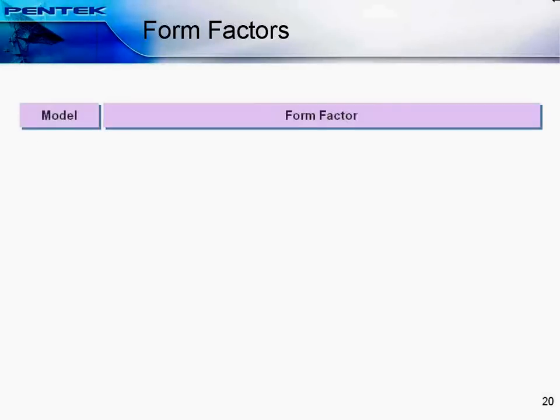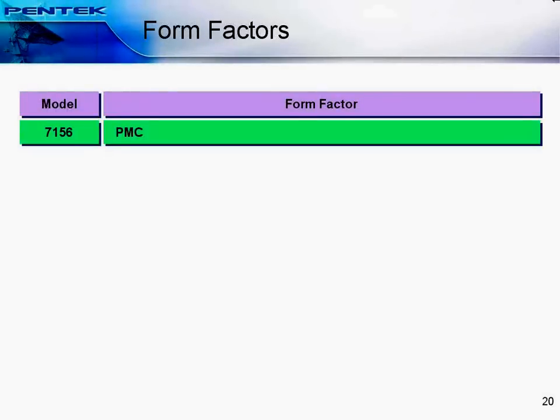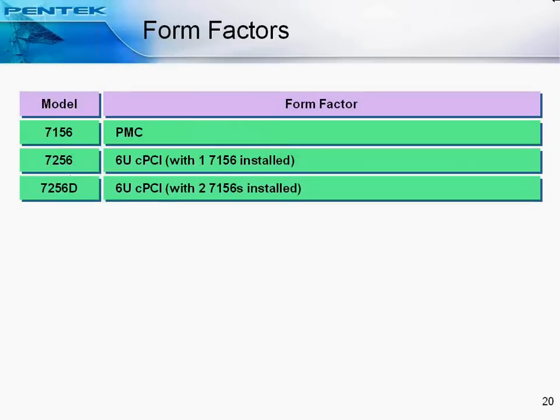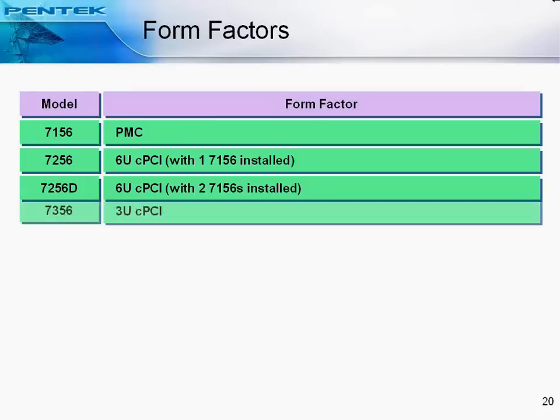Up until now I've been talking about the 7156 as a PMC module, but it's also available in other form factors. In each case we take the 7156 and we mount it on a carrier where it's tested and documented and sold as a single board set, which gives you the different form factors. These include the 7256, which is a 6U CompactPCI, the 7256D, which is the same 6U CompactPCI but with two 7156s installed.